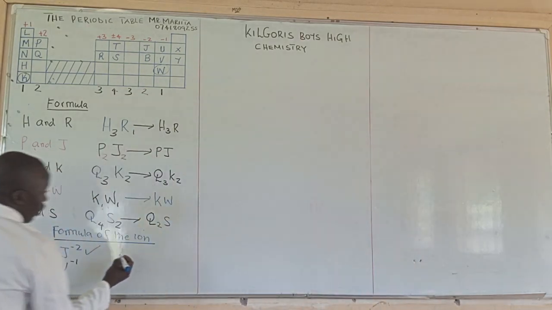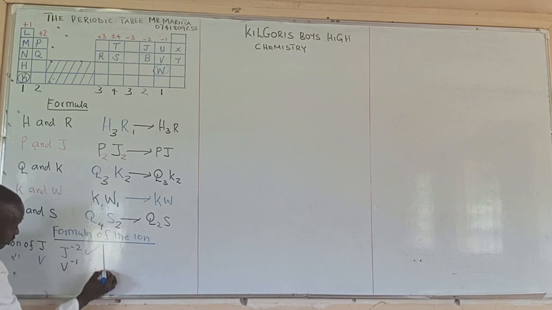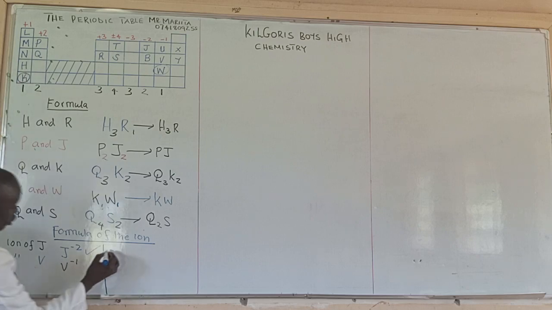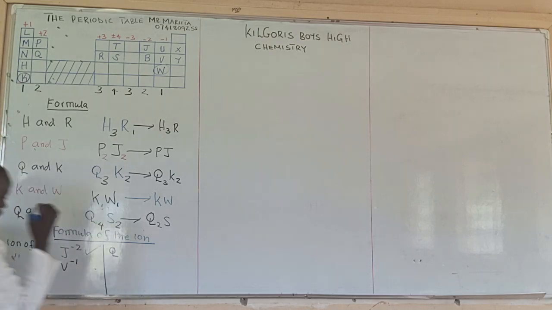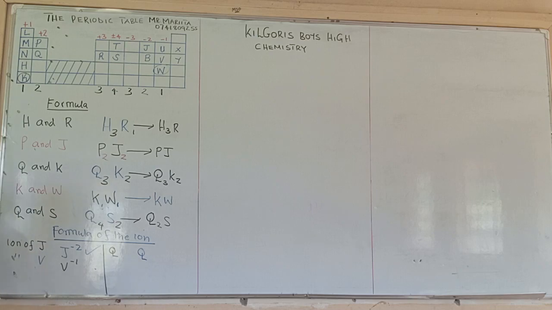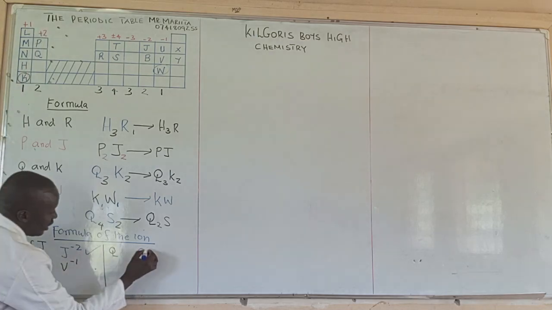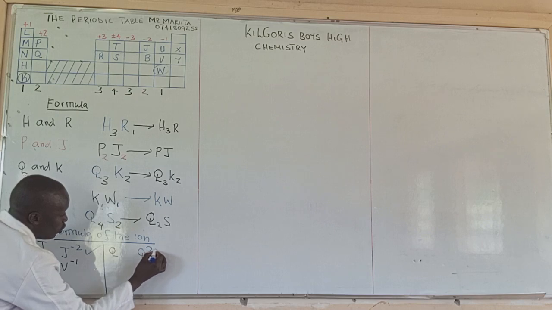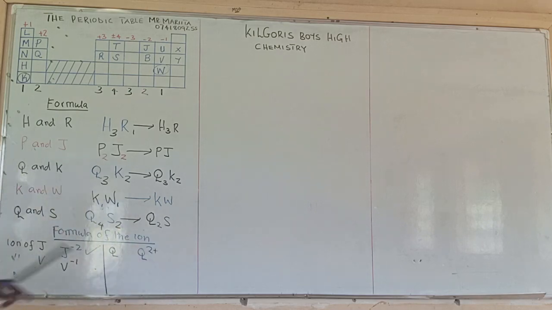Suppose now you have been told to write the formula of the ion formed of element Q. So we can have, for example, the formula of the ion of element Q. You just write this one as Q. Then on top here, this Q has a positive 2. So you can write this one here as 2 positive. Why 2 positive? Because it is in group 2 elements.